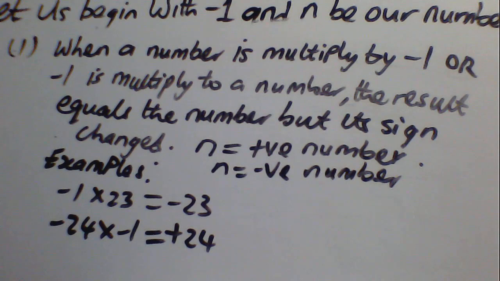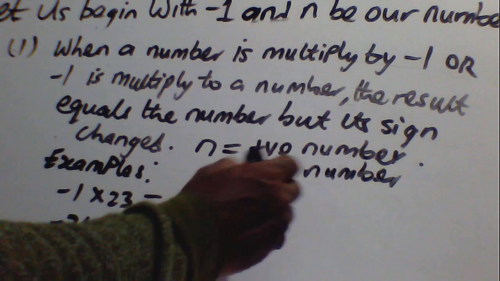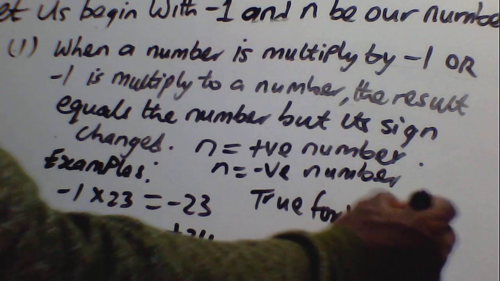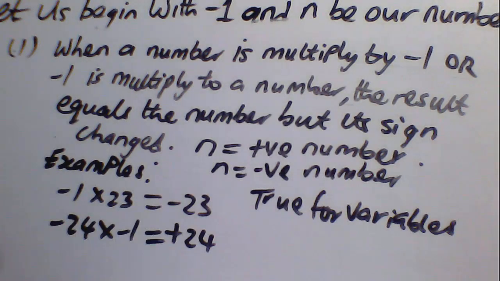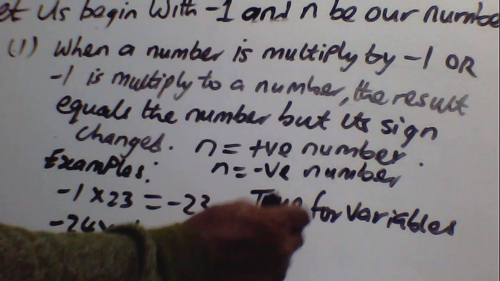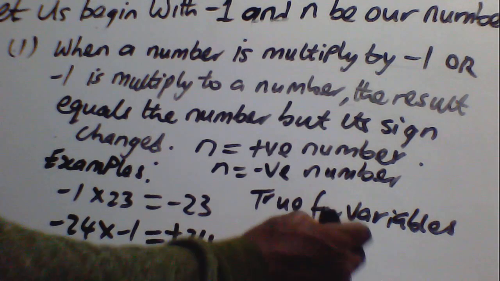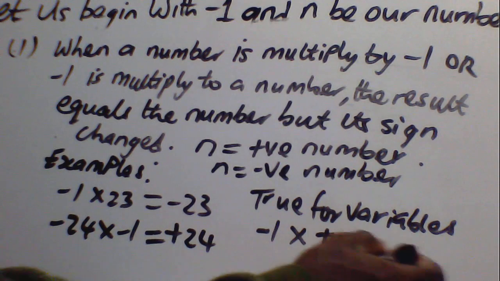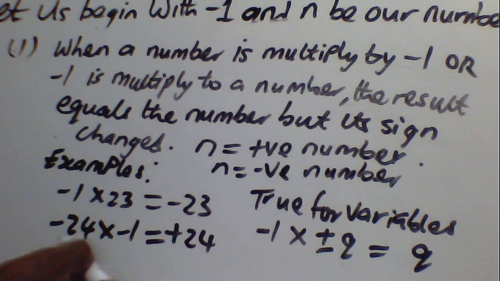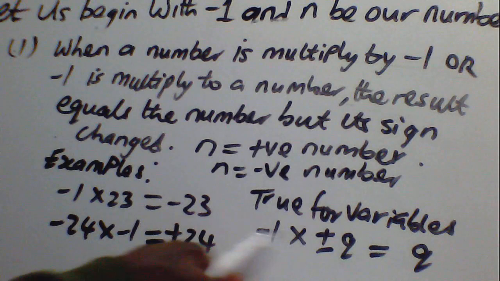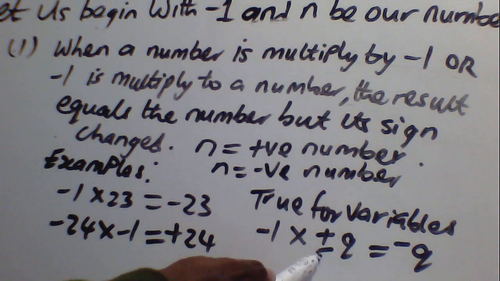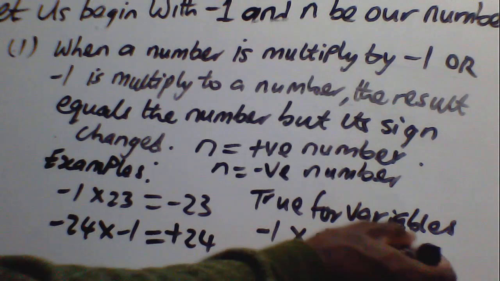This is also true for variables. So for example, minus 1 multiplying plus or minus q. The result in this case is q. We know that is q, but there's plus here, so the plus will change to minus. There's minus here, the minus will change to plus.